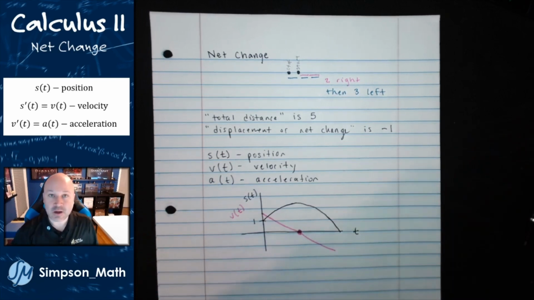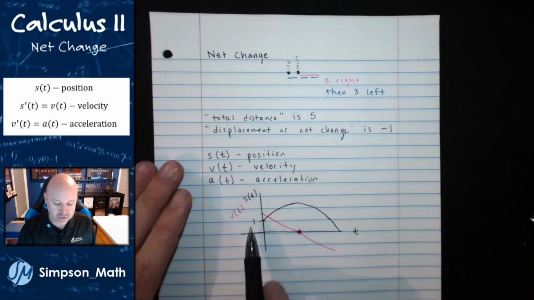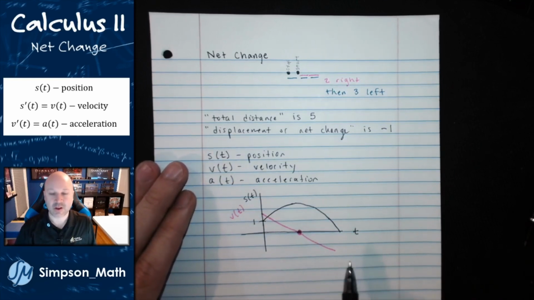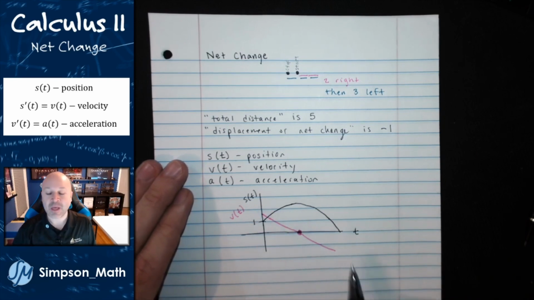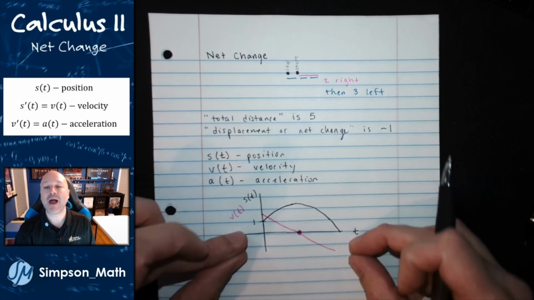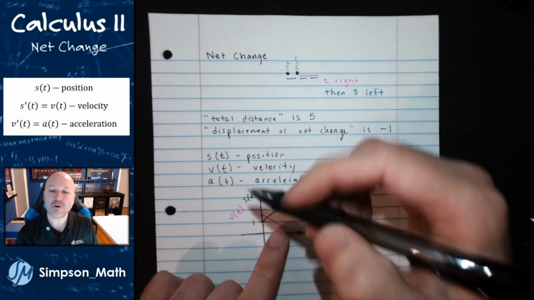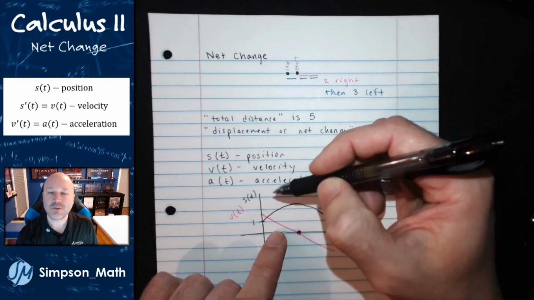Well, today we're going to be talking about that same idea, but now we're going in reverse. So we're starting with the derivative function, and we're going to take the antiderivative to go back to the original function. So now we're going from velocity to position.